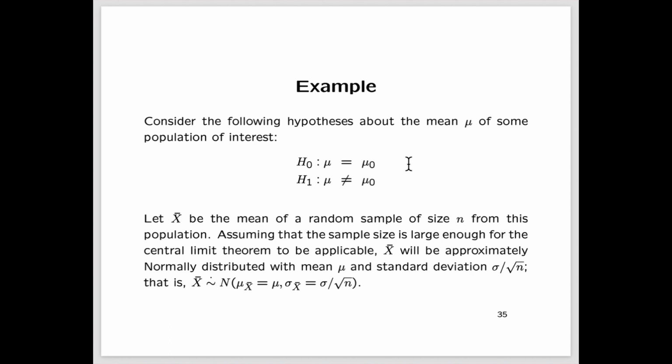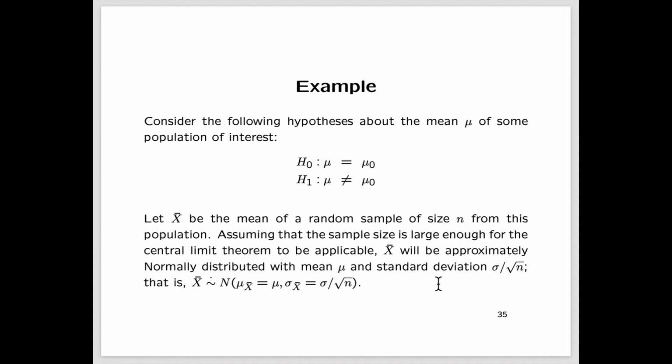Now, if we're sampling from a normally distributed population, then x bar itself will be exactly normally distributed. If the population is not normally distributed, but if the sample size is large enough for the central limit theorem to be applicable, then x bar will be approximately normally distributed.